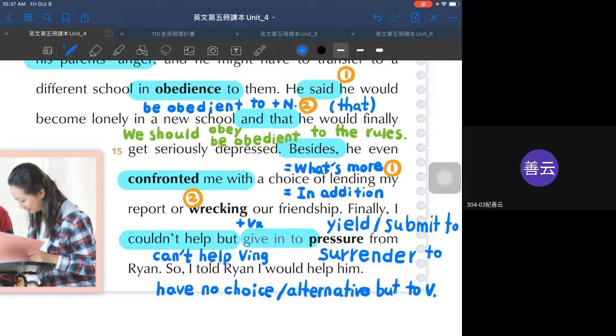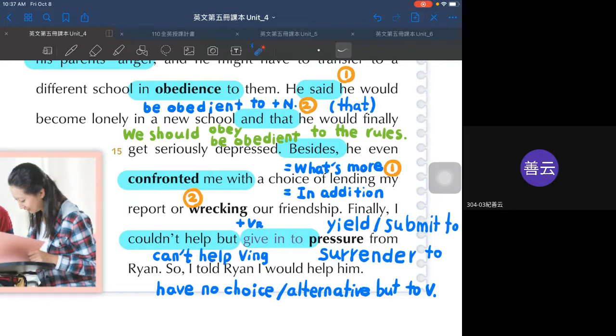And if you don't have the word but here, then you can say can't help doing something. So you can say I couldn't help giving into pressure. Or you can just say I couldn't help but give into pressure. Couldn't help but, or couldn't help doing something.